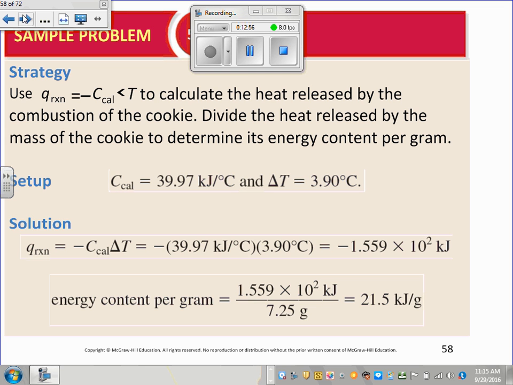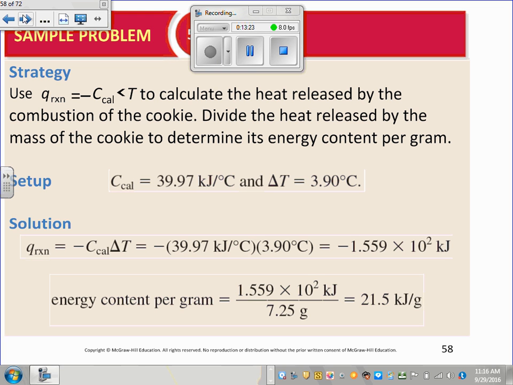So we're going to use Q reaction, the rxn means reaction, is equal to negative C of the calorimeter times delta T. So calorimeter was 39.97. Delta T was 3.9. This is negative.